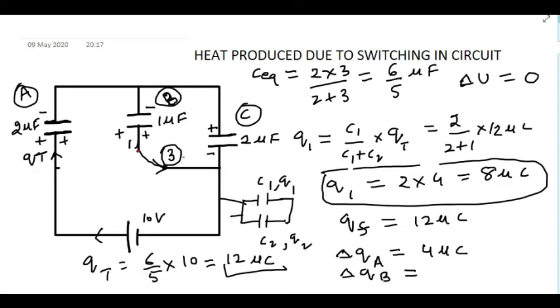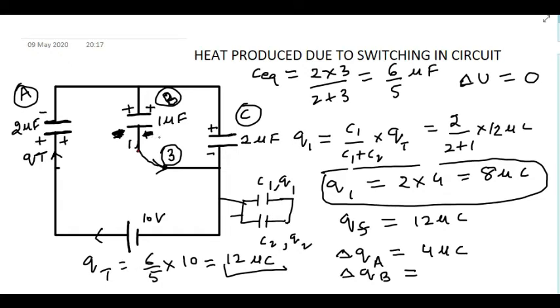Now we will check from here. In the second case, what will happen? If you see, this part of the capacitor, this plate, now becomes negative and this plate becomes positive. Now what is the charge flowing through this?